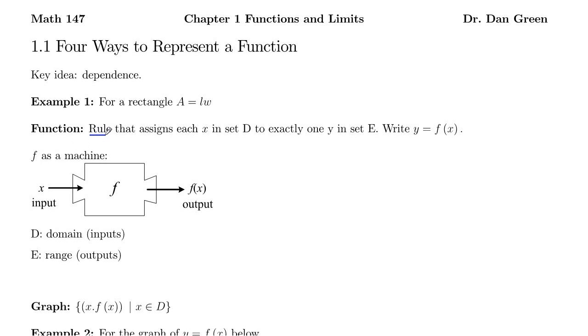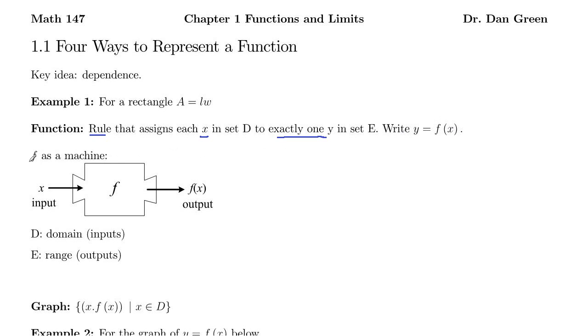A function is a rule, which is usually given by an equation in our experience, that assigns each x in a set D, which is called the domain, to exactly one y value in the set E, which is called the range, and we'll write y equals f(x). Remember, that means the value of the function f at x.